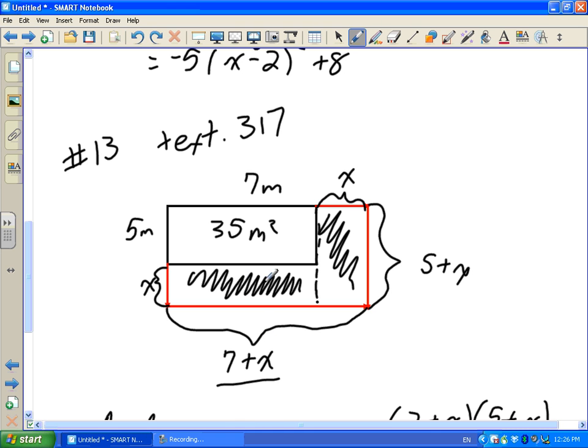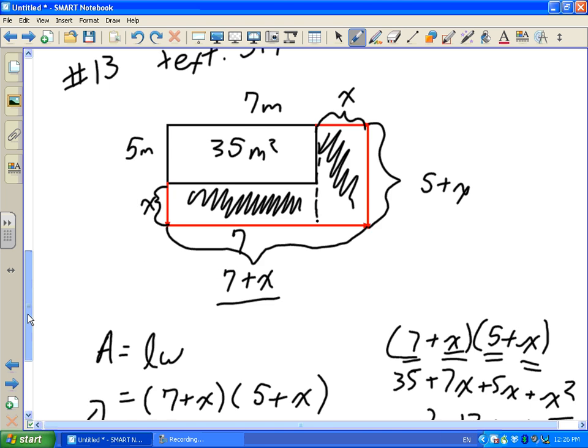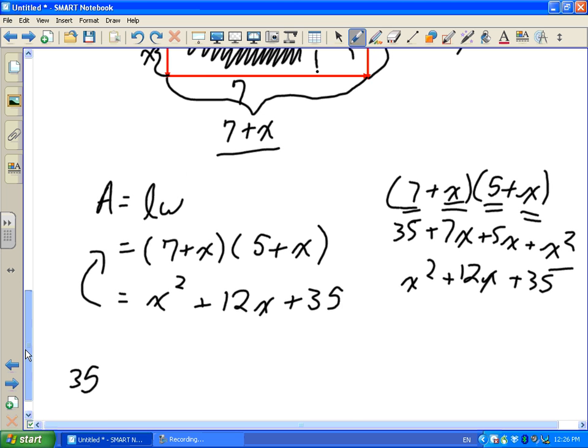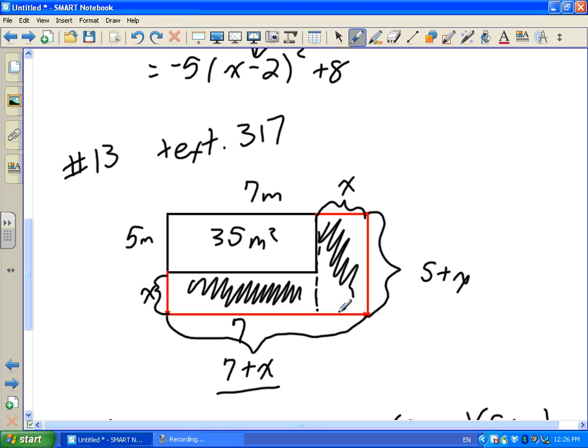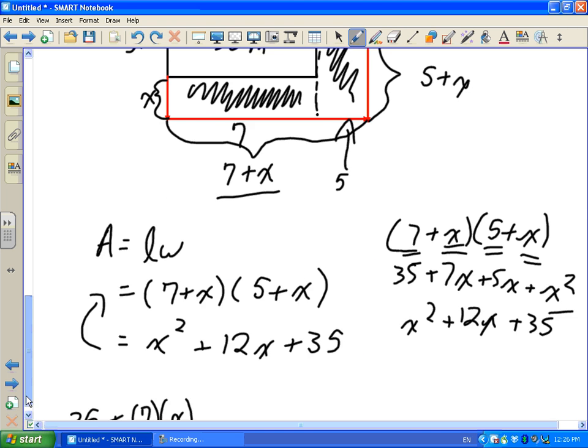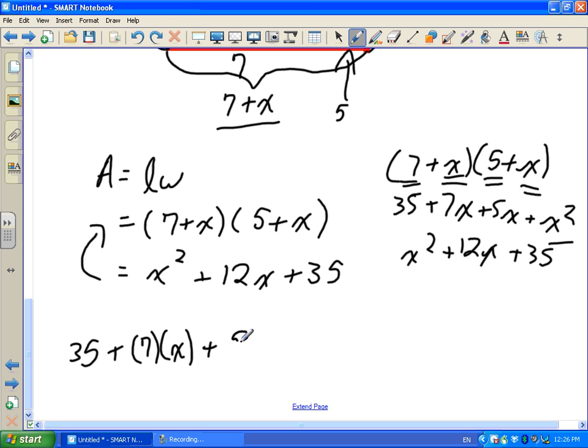Can I find the area of these two things? One of the new areas is going to be x, 7 times x. So I'm going to be adding the old area, 35 plus 7 times x. And one of the other areas I'm going to add to it, 5 times x.